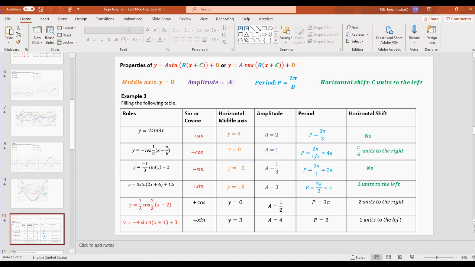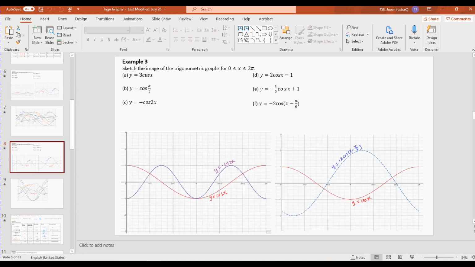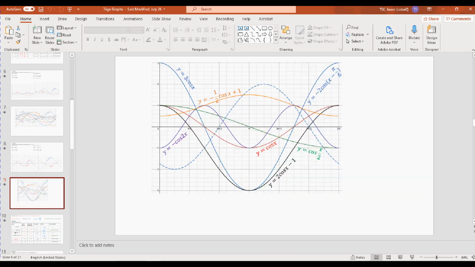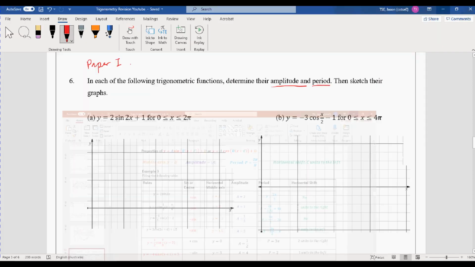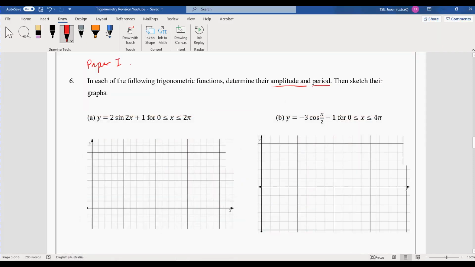They are indicated by the letters A, B, C, and D respectively. Of course, if you want to learn it by using the graphs, you can go back to see some of the questions here. We have plenty of examples. Right, so let's go back to the exercise.